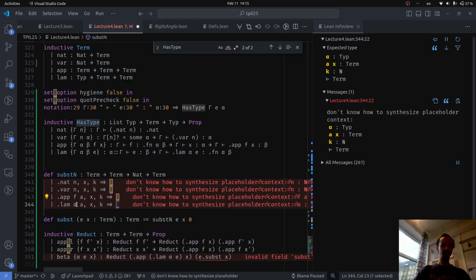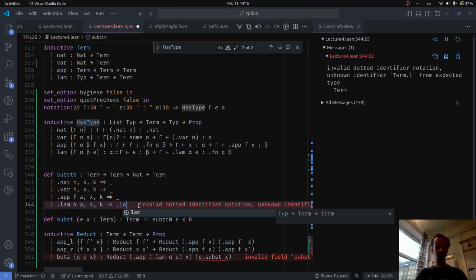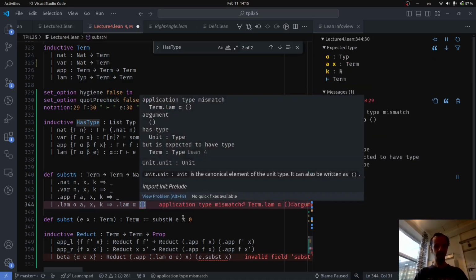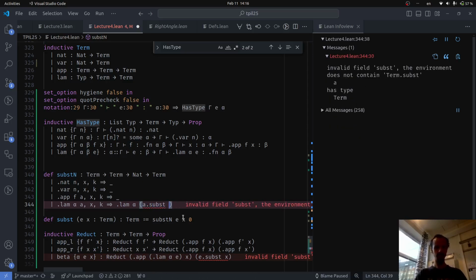So substituting into a lambda, this is sort of where the k changes. I'm going to do this one first. It's lambda, same type, and we substitute a, but we do so under one additional binder, n.